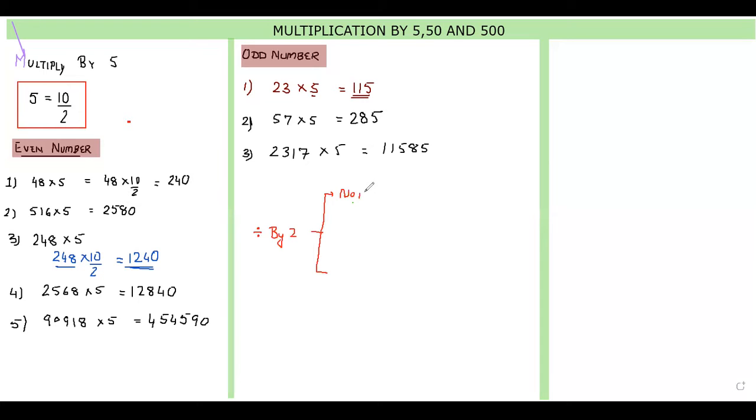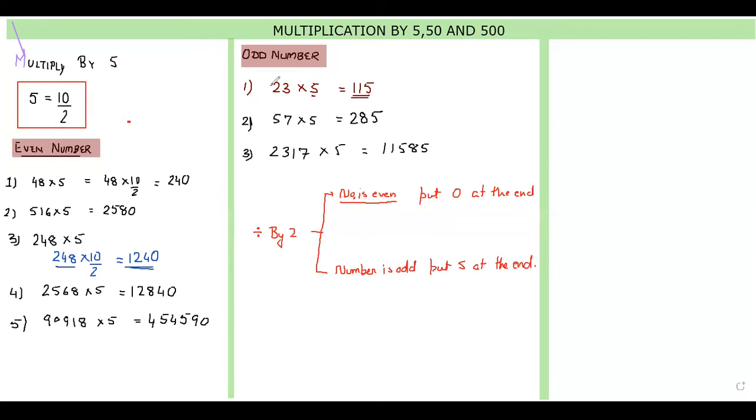After dividing by 2, if the number is even, put 0 at the end. If the number is odd, put 5 at the end.